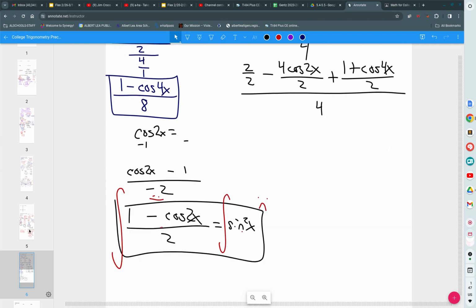What are the like terms that you can add together? 2 and 1. Yep, the 2 and the 1 make 3. And that ends up being the only like term you can add together. Cosine of 2x and cosine of 4x are different. So it's just minus 4 cosine of 2x plus the cosine of 4x. The new denominator is 2, and those all sit over 4 over 1.